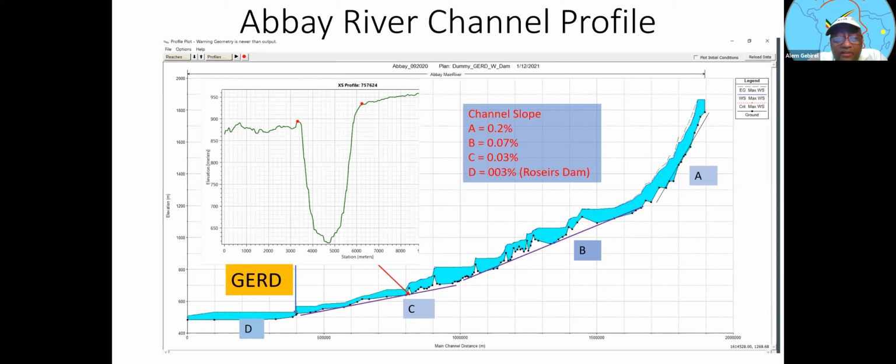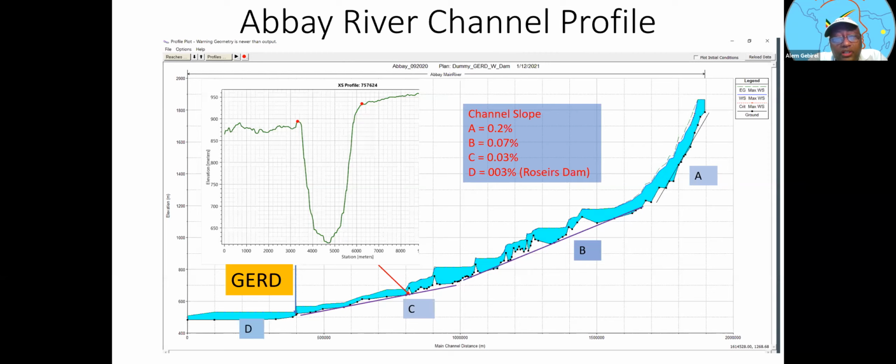GERD is not designed for flood control purposes. It's mainly for hydropower generation, but this is a classic example of a location for a flood control reservoir before the river gets into the flat valley, where it's really deep in the valleys of the Nile Basin.